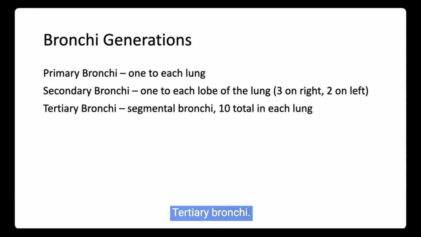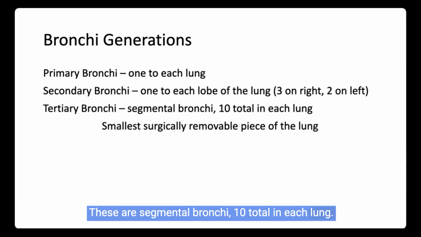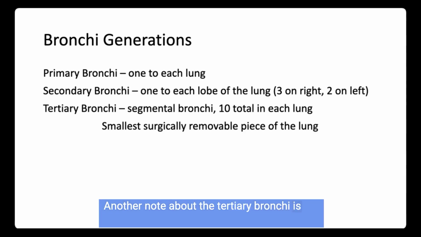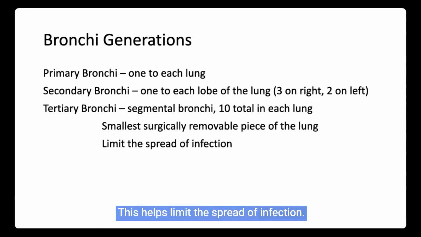Tertiary bronchi. These are segmental bronchi, 10 total in each lung. Another note about the tertiary bronchi is that they are the smallest surgical removable piece of the lung. This helps limit the spread of infection.